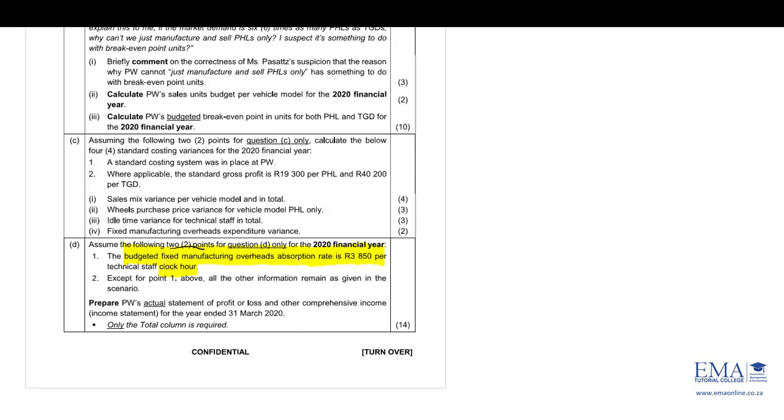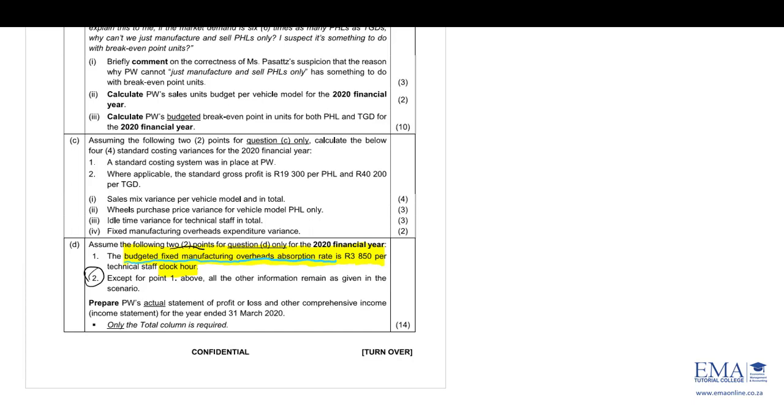I'm going to explain to you what the budgeted manufacturing overhead absorption rate means and how it's calculated, so that you can understand what they mean by that. And also they said, except for point number 1 above, all the other information remains as given in the scenario.